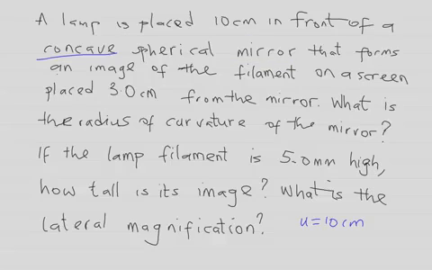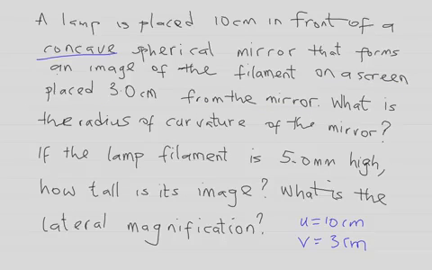The image is formed on a screen, and that screen is 3 centimeters from the mirror. That means V is 3 centimeters.